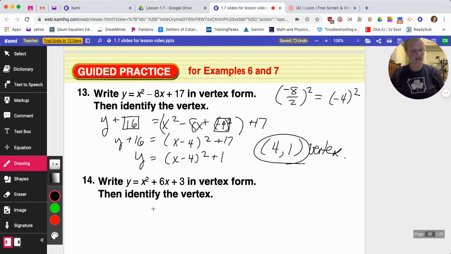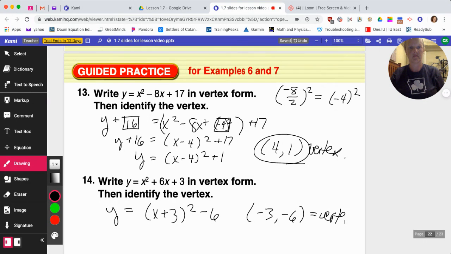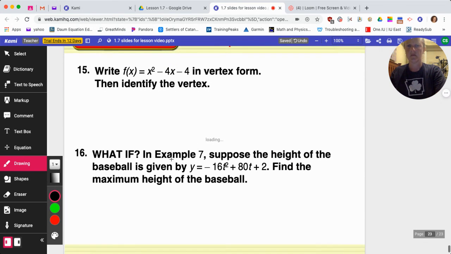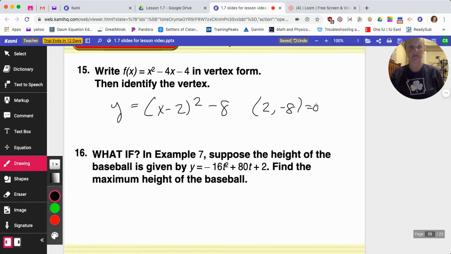Okay, I'm going to give you the answer to this one. And the vertex is negative 3, comma, negative 6. Okay, another one without the a term. So we have y equals (x minus 2) quantity squared minus 8, and the vertex is (x minus h), so 2, negative 8.